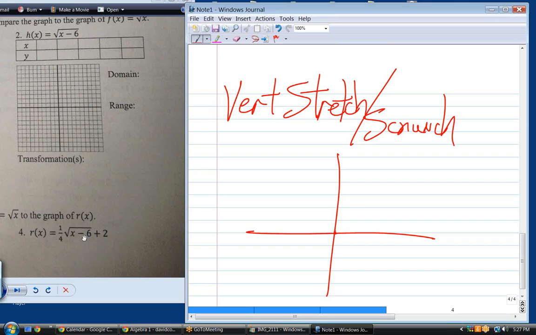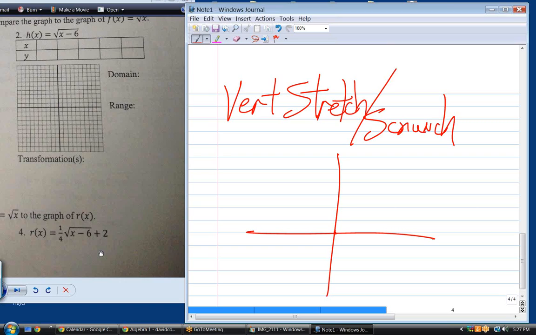The -6 inside the radical sign. Horizontal shift. Well, if it's horizontal, it's not up or down. Horizontal means right or left.